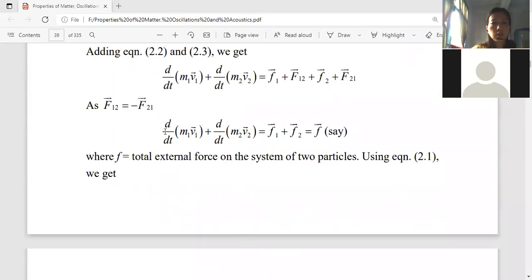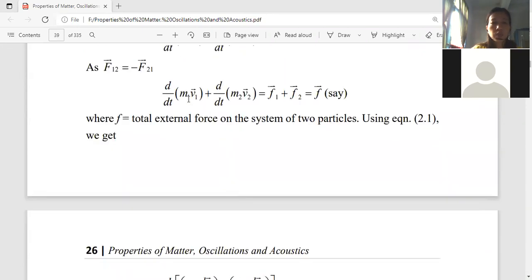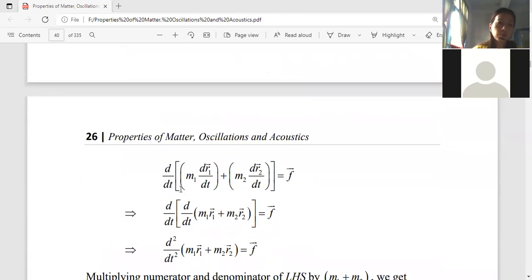Differentiation. Here we have differentiation of the first term of the left hand side of the equation. Also, we have d by dt here for the second term. We will take this d by dt outside because it is common to the terms.